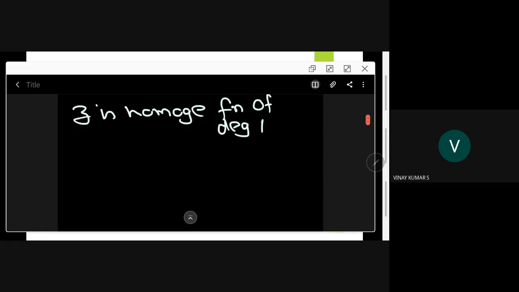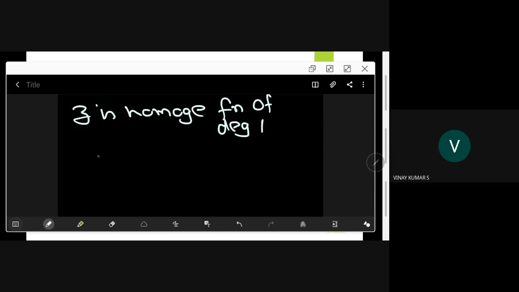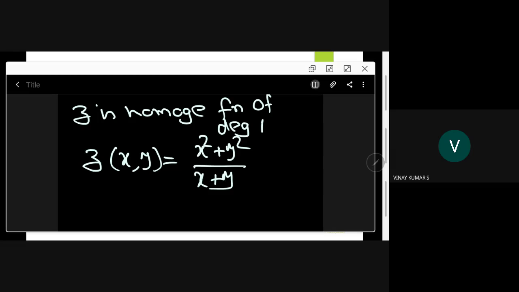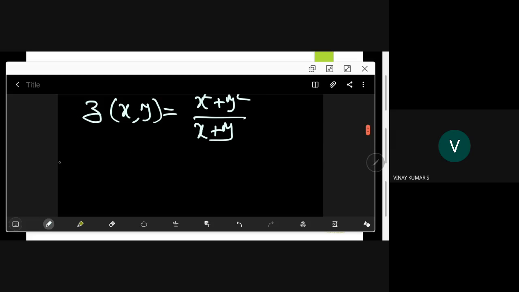So what is your z here? Z is a function of x, y, I told. Z of x, y is x square plus y square by x plus y. To check homogeneity, you need to see what is z of tx comma ty.